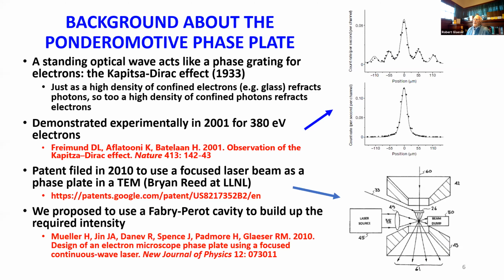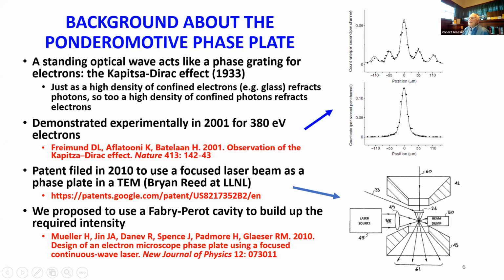The background about the ponderomotive faceplate, I also have to say a little something about that. You might say, how can light cause the phase of the electrons to change? Well, it was predicted already in the early days of quantum mechanics by Kapitsa and Dirac in 1933. And the way that I like to express it is the subtext in the first line here.